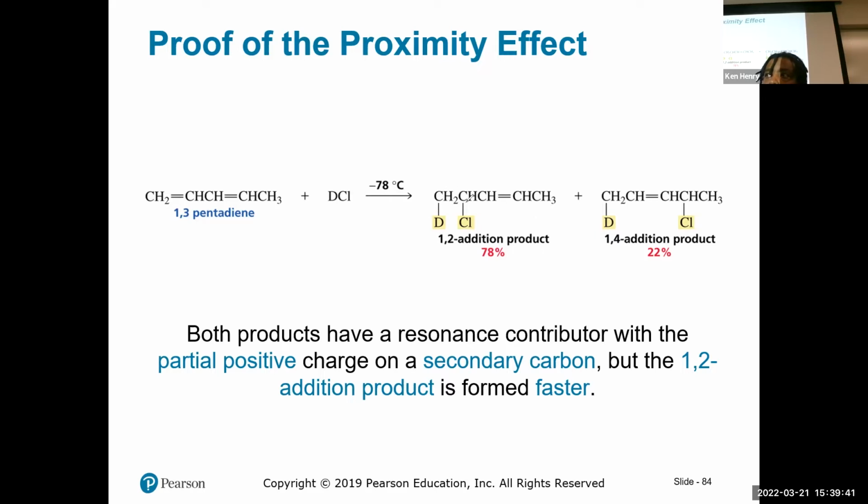This is easier to get to than in this situation. So the kinetic product is going to be this guy, and then again, this guy is going to be the thermodynamic one.